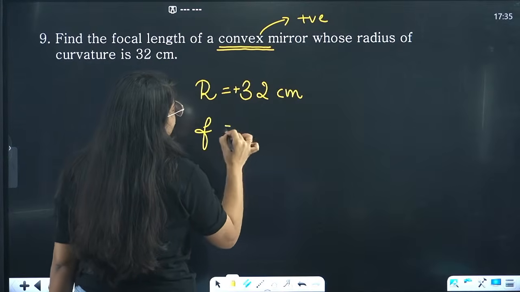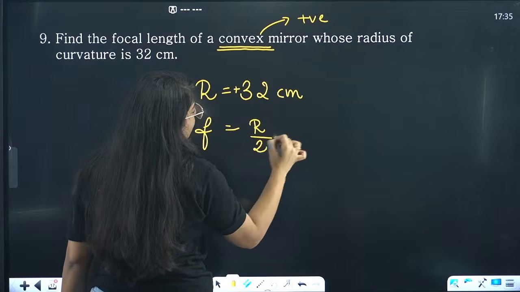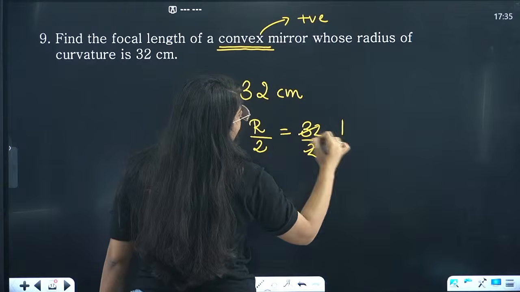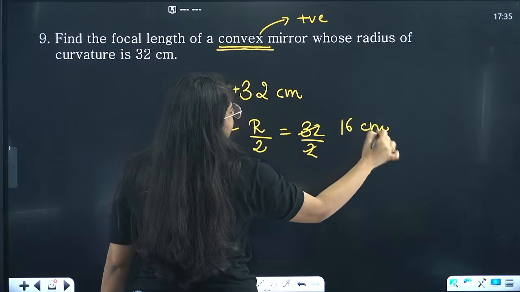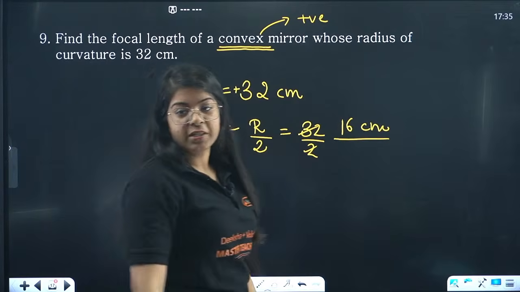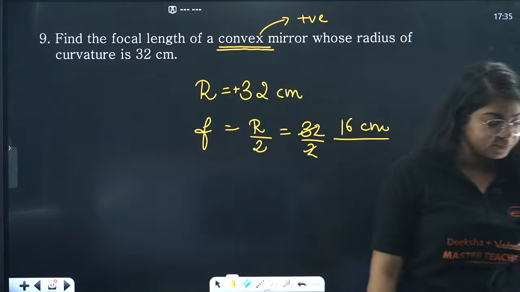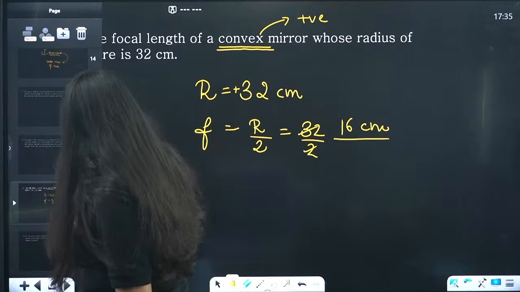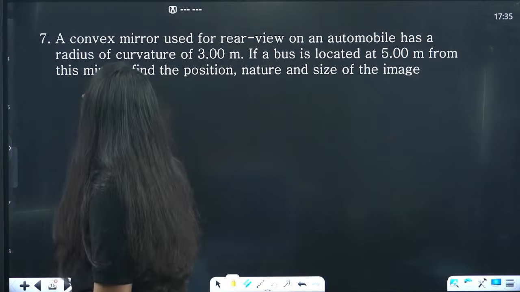So focal length is simply R by 2, that is 32 by 2, that is what? 16 centimeter, that is positive. Very good, Devesh.